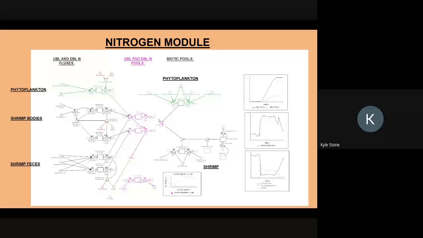Some of that nitrogen gets down into the deep brine layer, and some of it stays in the upper layer within the lake. Same thing for the feces. Some of it decomposes in the upper layer, but the majority decomposes in the deep brine layer.